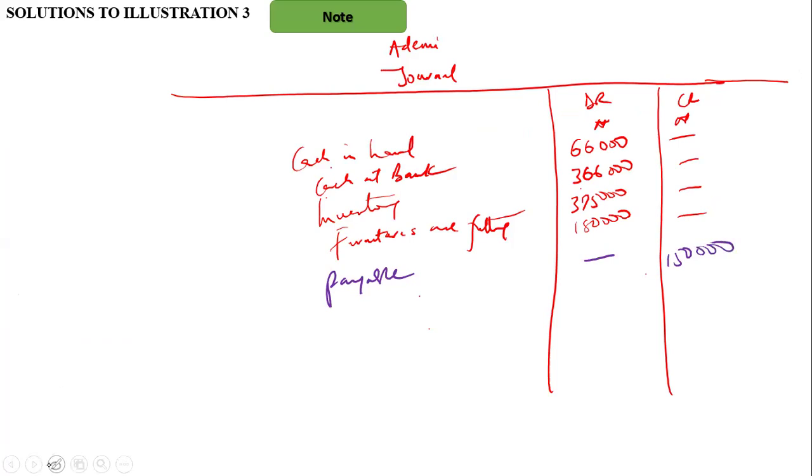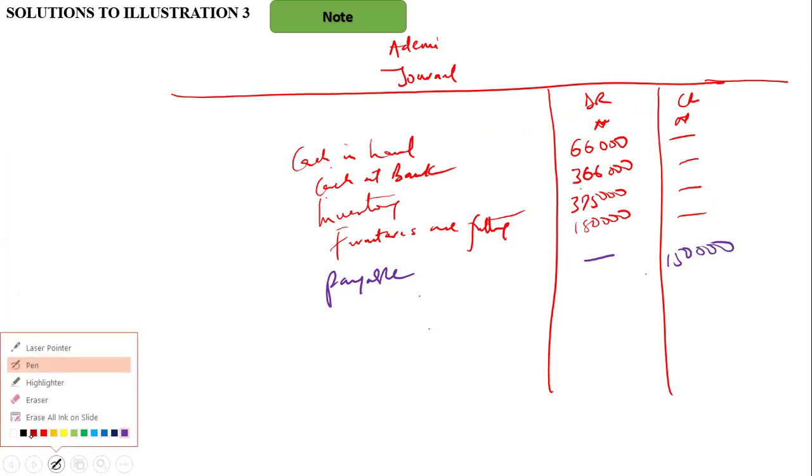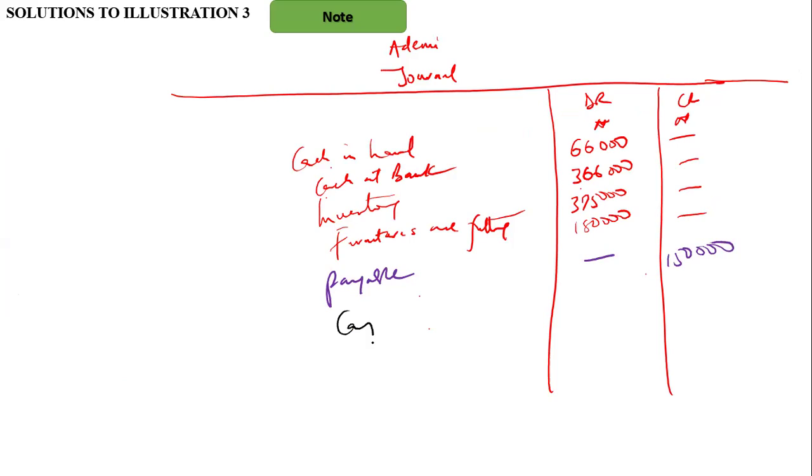So at the end of the day, we need to know what value makes up the account. Then we draw it up here. Our balancing figure will now be our capital. So let's get the figures added together. Here we'll have to add using the calculator, whether the one on the system or the one in our hand. 60 plus 66 plus 366 plus 375 plus 180.